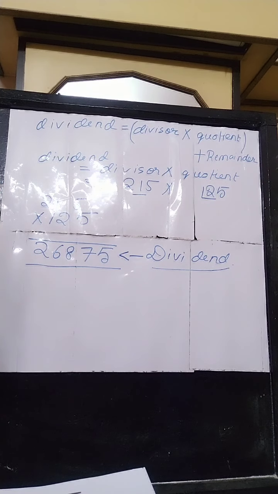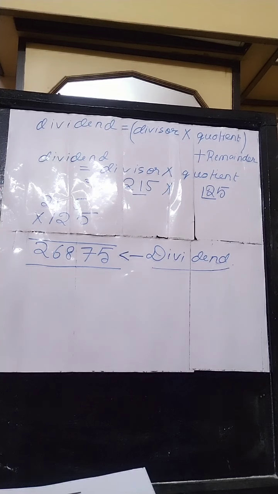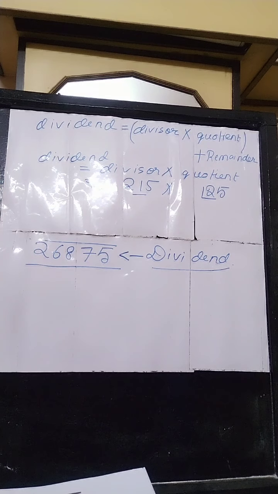In the next sum, always remember that we have to apply this formula, divisor into quotient plus remainder. Suppose we are given another sum where we are asked to find out the dividend.